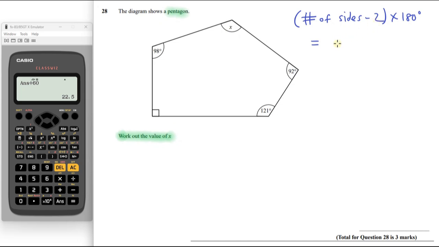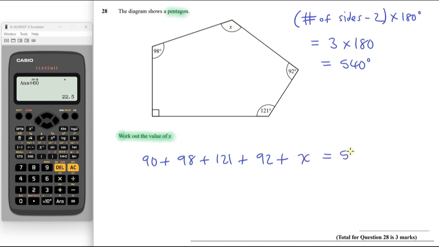So 5 minus 2 is 3. So it's going to be 3 times 180, and that gives us 540 degrees. So we know each of these 5 angles sum to 540. So we can say that 90 plus 98 plus 121 plus 92 plus x must equal 540.